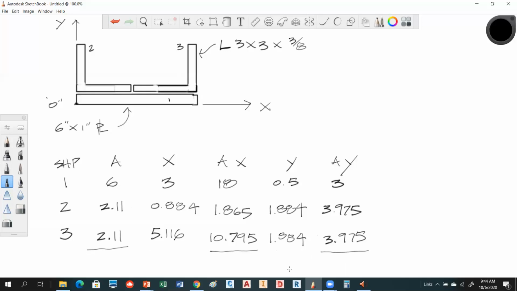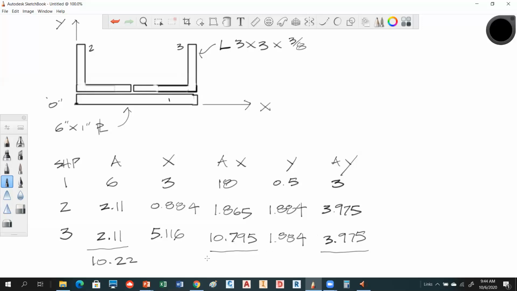So 2.11 plus 2.11 plus 6, I get 10.22. You guys verify that. Then I'm going to have 18 plus 1.865 plus 10.795.